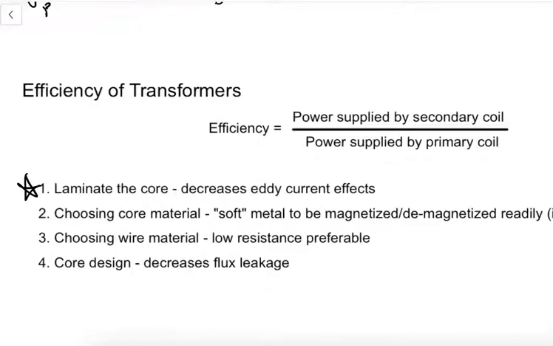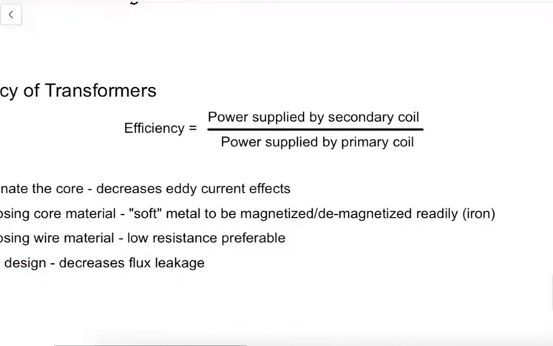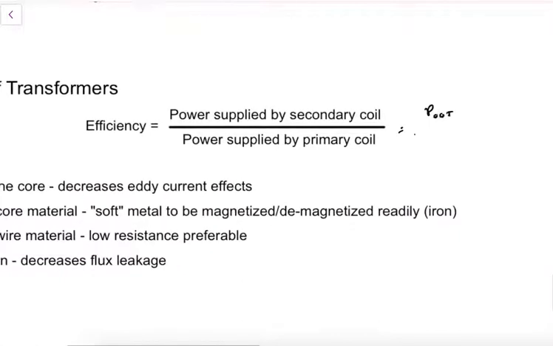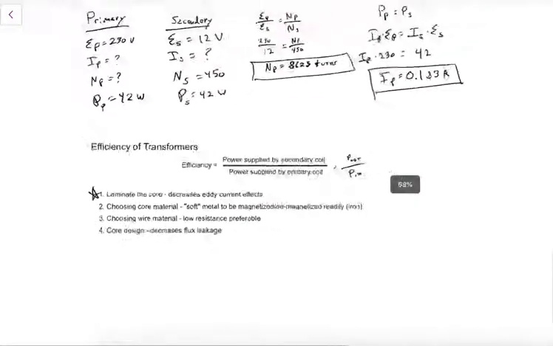And these are the four things that a transformer can change to improve the efficiency. And that's all you really need to know. And the efficiency is, of course, power from the secondary divided by power from the primary, which is the same thing as just P out over P in, right? That's the same. And we are done.